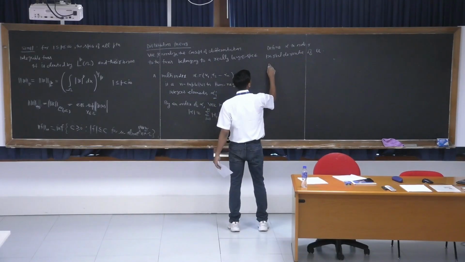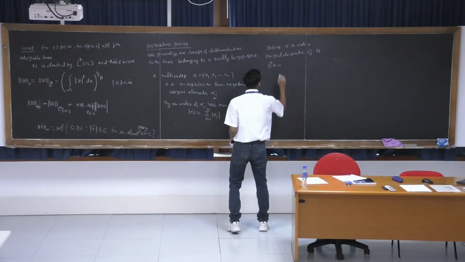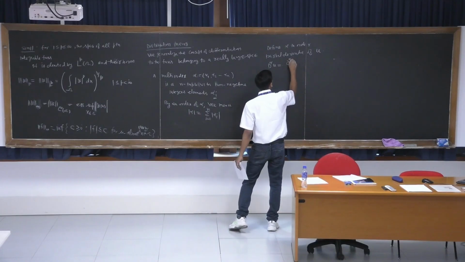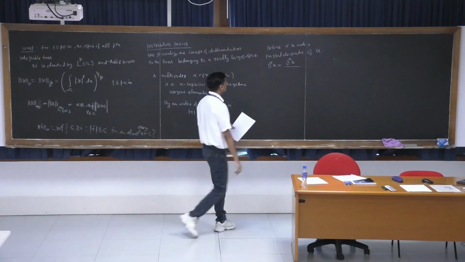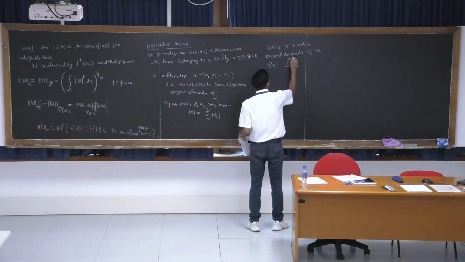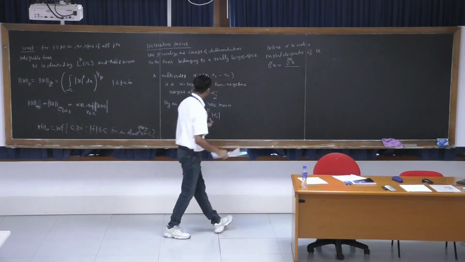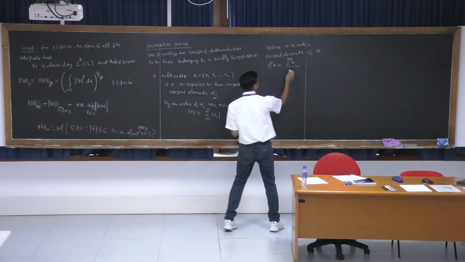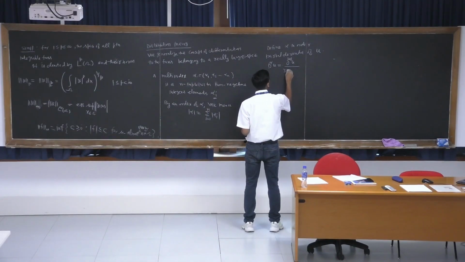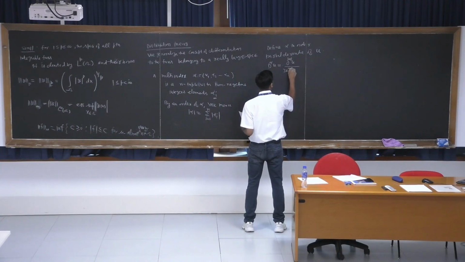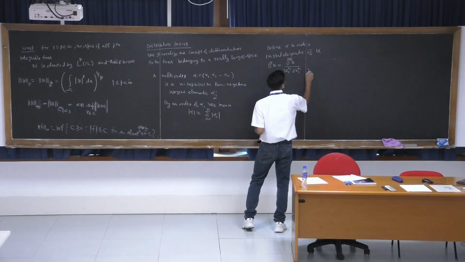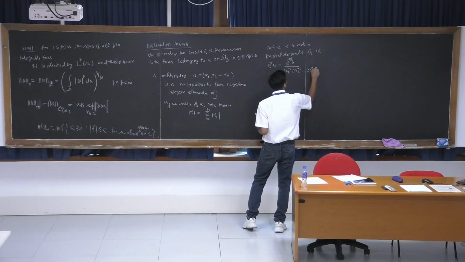I will write: D alpha u is equal to the partial derivative of order modulus of alpha of u, upon partial x1 to the alpha 1, x2 to the alpha 2, up to xn to the alpha n.